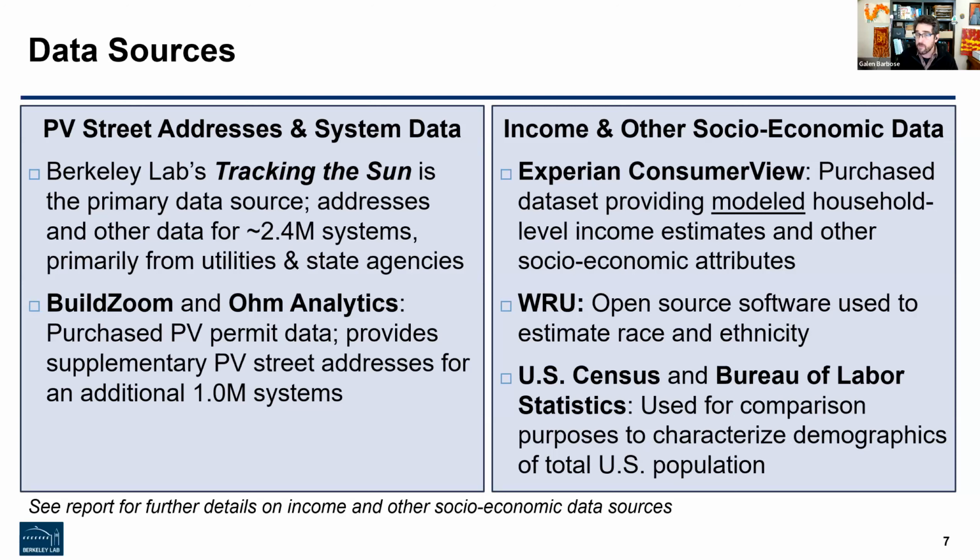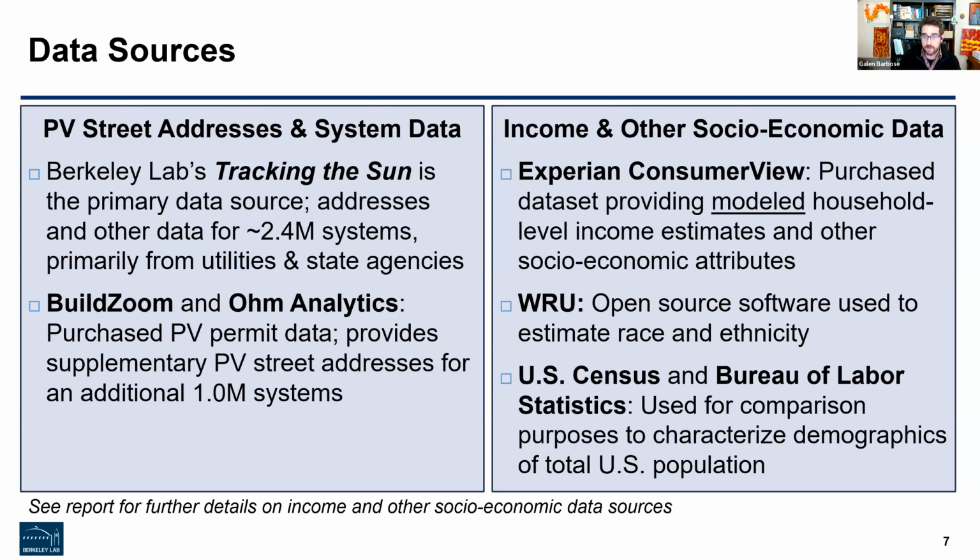And then there are a variety of other socioeconomic data sets or data points that they append as well. Race and ethnicity information comes from this open source software called WRU. That's actually a new feature to this year's report. And that is estimated or inferred as well.